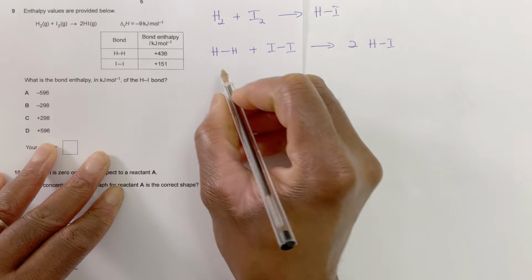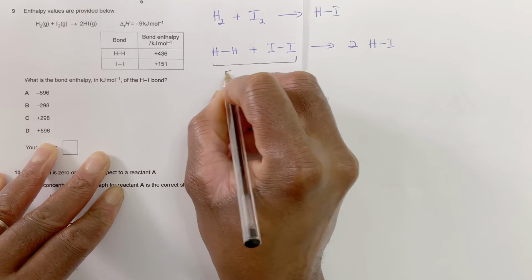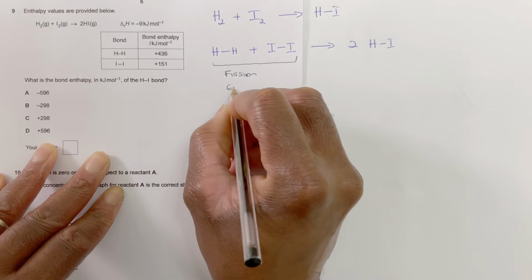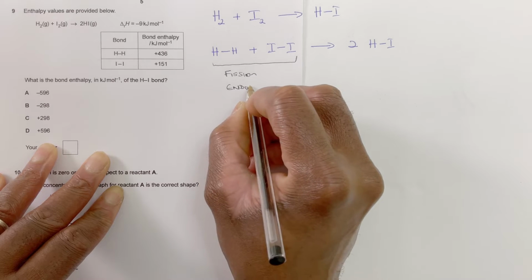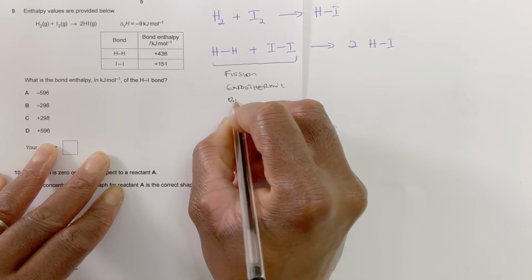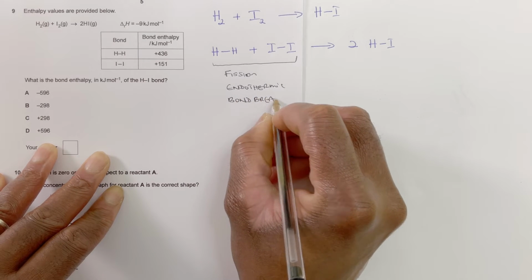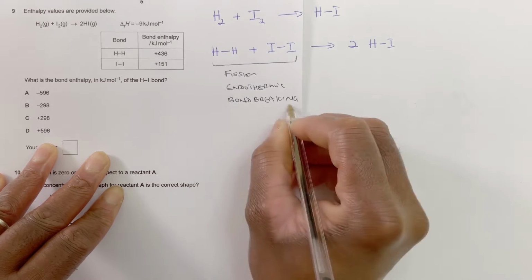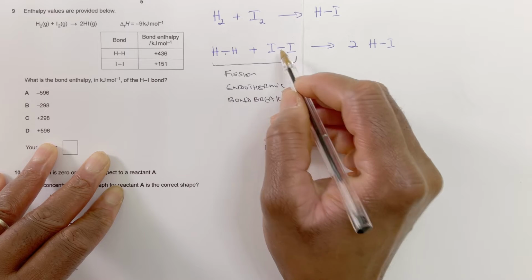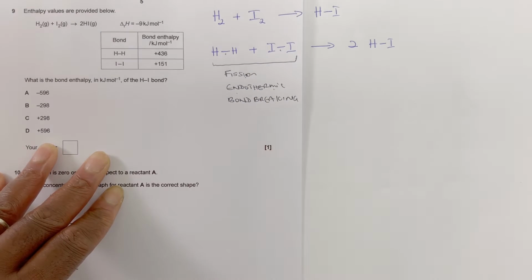Now these two here is what we call fission, or you might call it endothermic or bond breaking. This is bond breaking because you have to break that bond. And we call that fission, endothermic, or bond breaking.